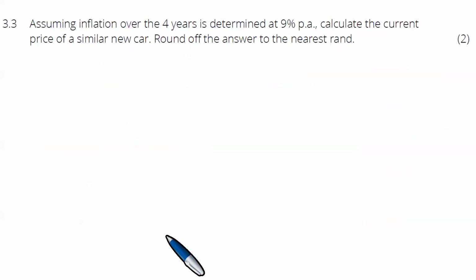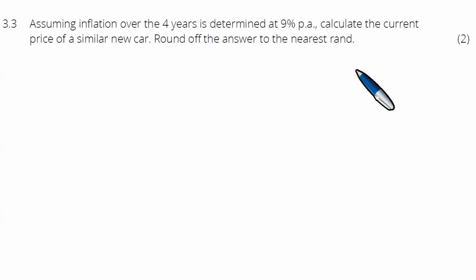Right, the next question is about assuming inflation over the 4 years is determined at 9% per annum. Calculate the current price of a similar new car. Okay.